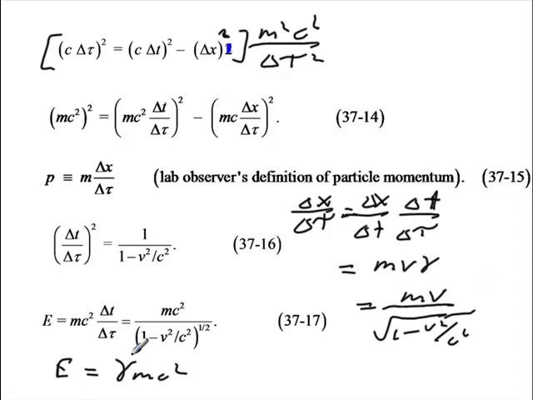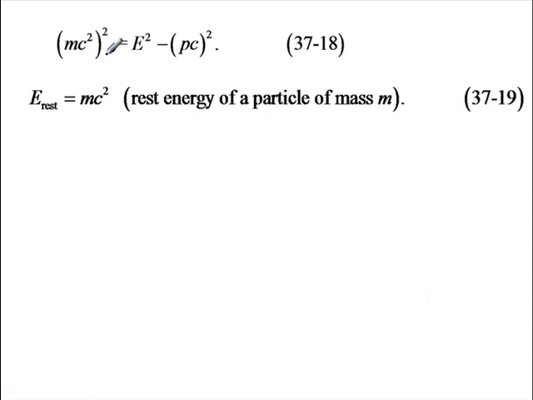So this is our energy, this is our momentum. Energy squared, momentum times c squared. The end result is I get this equation, that m squared c to the fourth is E squared minus pc squared.